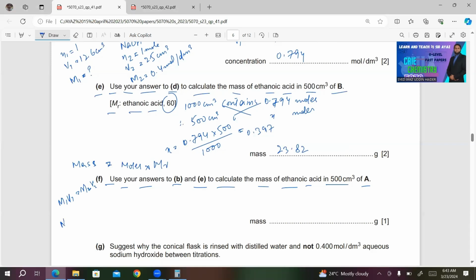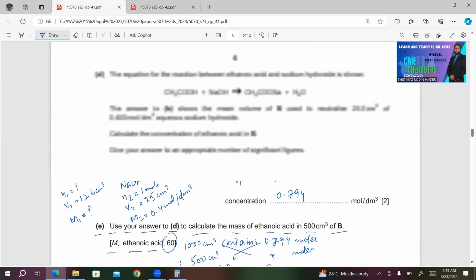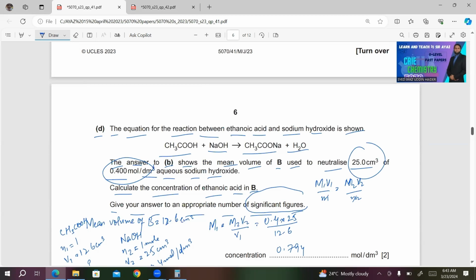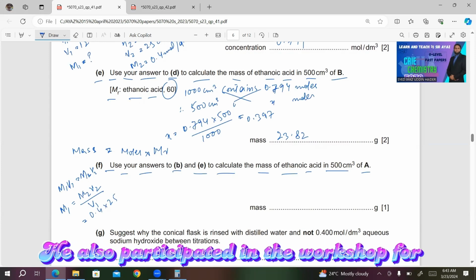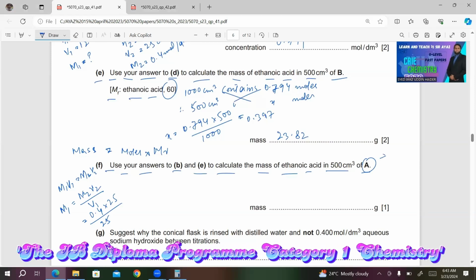I will write M1 is equal to M2 V2 by V1. M2 is 0.4 and volume is 25. What about the volume of A? It is also 25 cm cube, the mean volume. So these will cancel out.